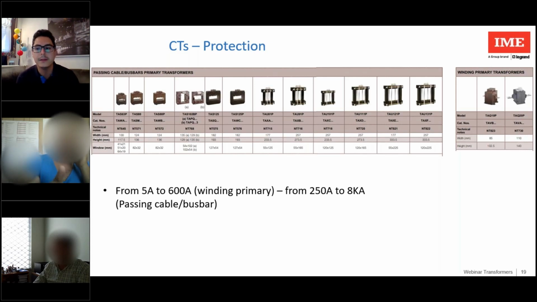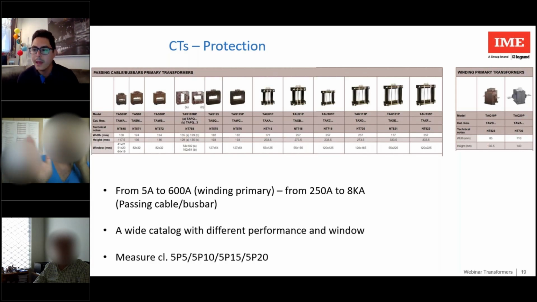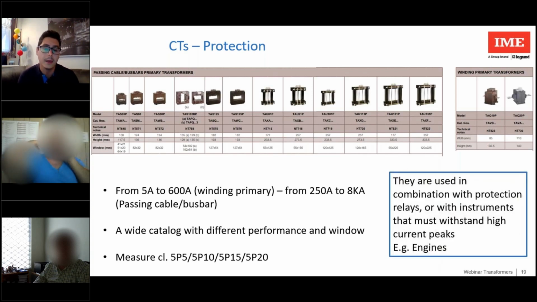Here the standard indicates the classes 5P, 5P5, 5P10, 5P15, and 5P20, where the first digit indicates the error in percentage, so 5%. The letter P indicates that it is a protection transformer. The last digits indicate how many times the nominal current can be exceeded without going into saturation. As I say, they are used in combination with relays and instruments that must withstand high current peaks, like engines.